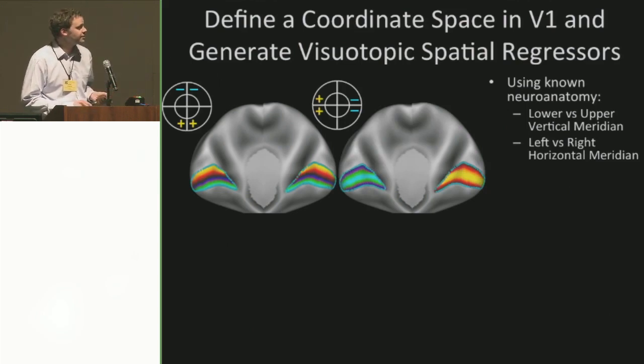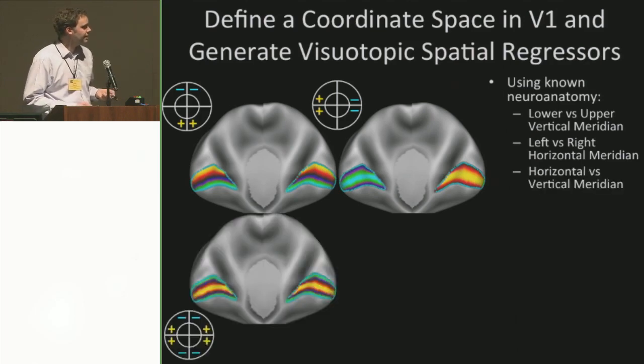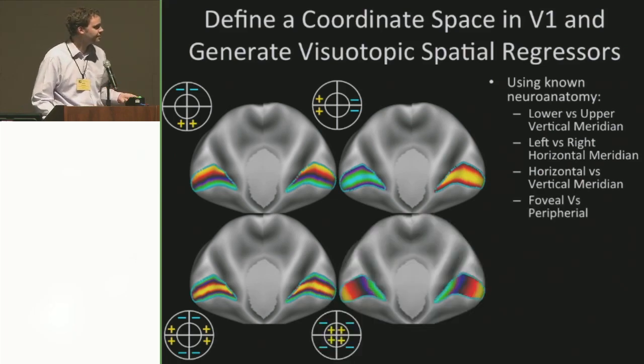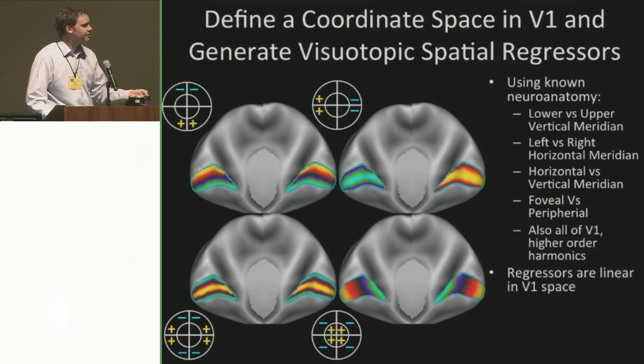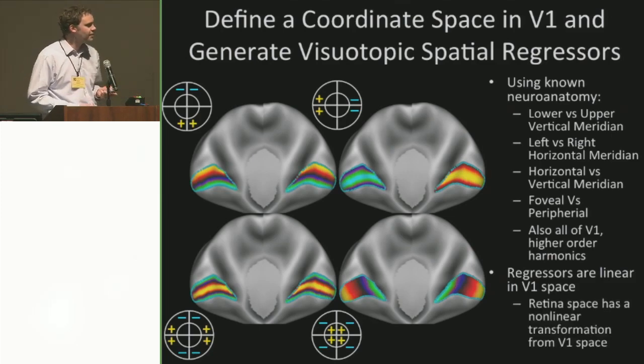Similarly, we can contrast the left and right horizontal meridians. Both horizontal meridians versus both vertical meridians we can contrast. And we can also contrast foveal versus peripheral eccentricity. So we've got a few other regressors here. And one thing to keep in mind, again, there's a nonlinear transformation between retina space and V1 space. So we're linear in V1 here since we don't have a task.